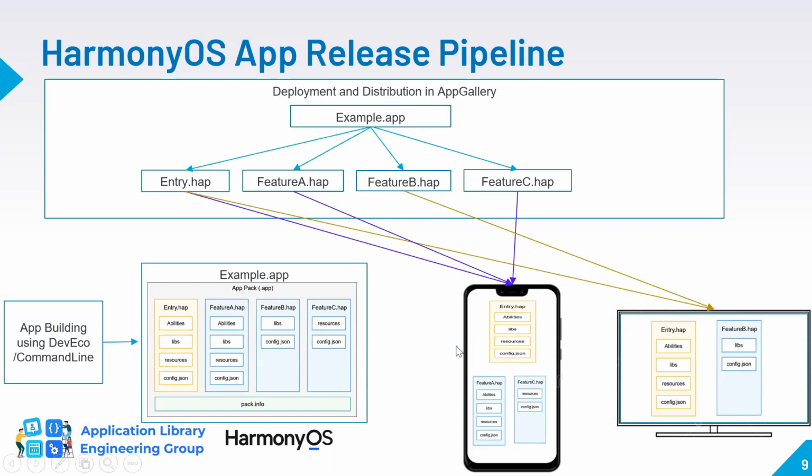When a user downloads the example.app onto a smartphone, only these three app files will get downloaded and installed on the smartphone, and the rest will not. Similarly, in the smart TV, only the app files required for the smart TV will get installed. So using a single app file, you can have different types of installations on different devices based on their compatibility.